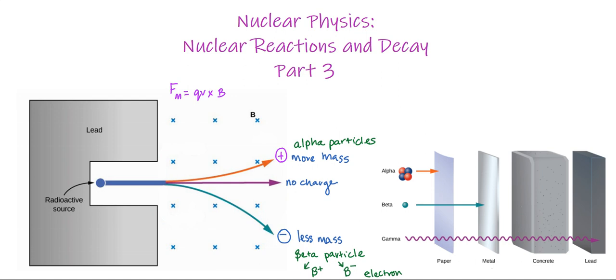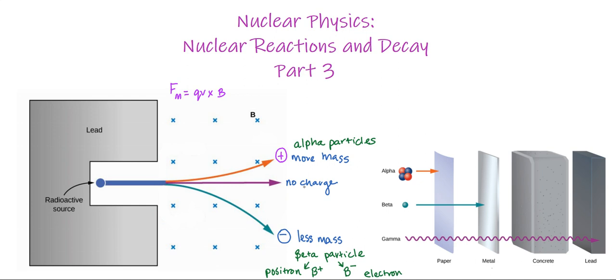The positive form of this same electron is known as a positron, sometimes called an anti-electron. Now these beta particles have a bit more energy than the alpha particles, and it would actually take some metal to stop them moving. So maybe several sheets of aluminum foil or a copper plate or something like that to stop the beta particles from moving.